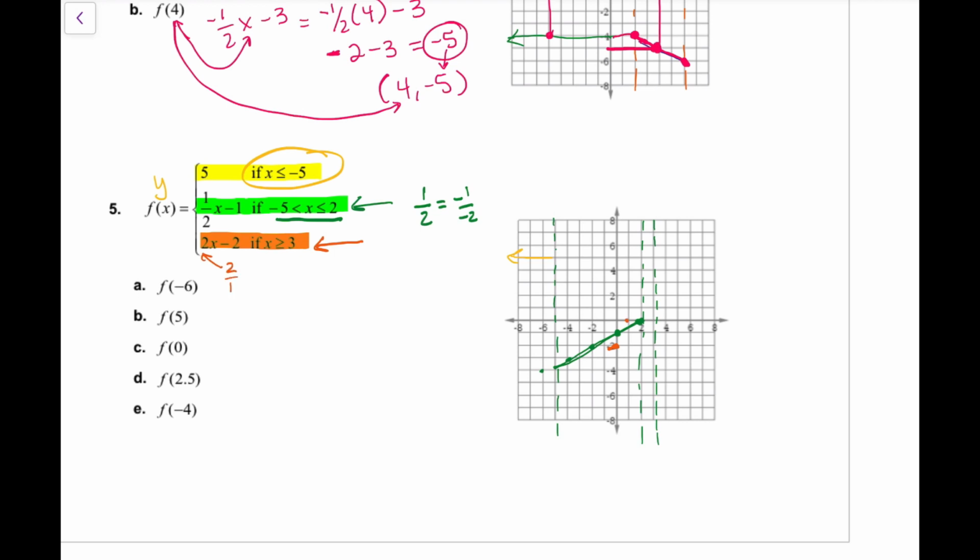So we go up 2 over 1, up 2 over 1, and so on. Okay, so I've got this line here, but I only want it when x is greater than or equal to 3. So I'm going to erase everything on here except for when it's greater than 3.